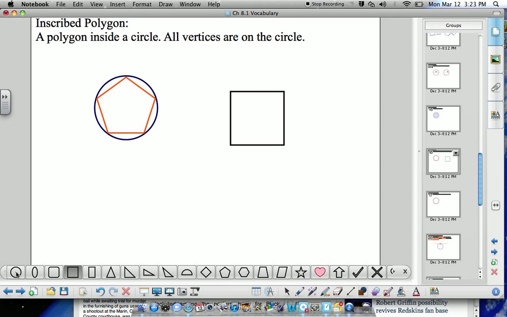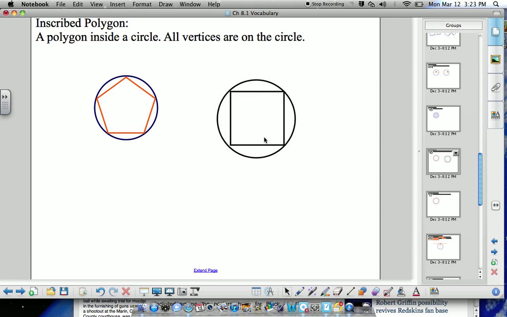Squares could also be inscribed on a circle. Or any other polygon can be inscribed inside of a circle.